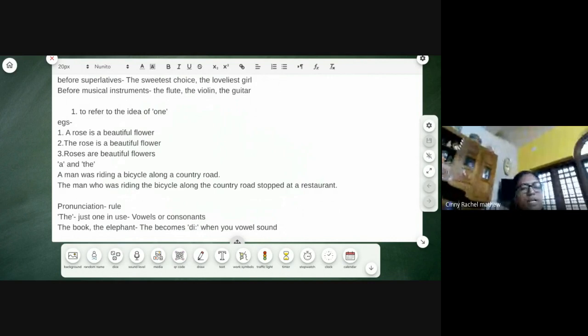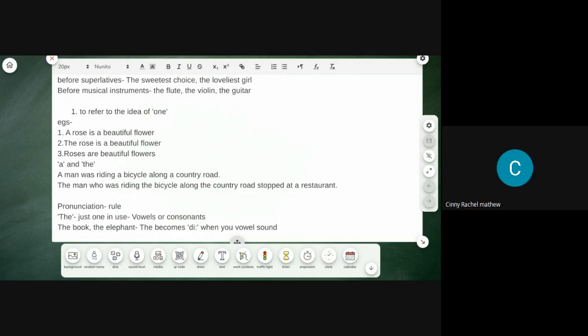So the is pronounced as the in front of nouns beginning with consonant sounds, and the is pronounced as the when it comes before nouns beginning with vowel sounds. So you have the boy crying for his mother and the angel looking out to bless you.